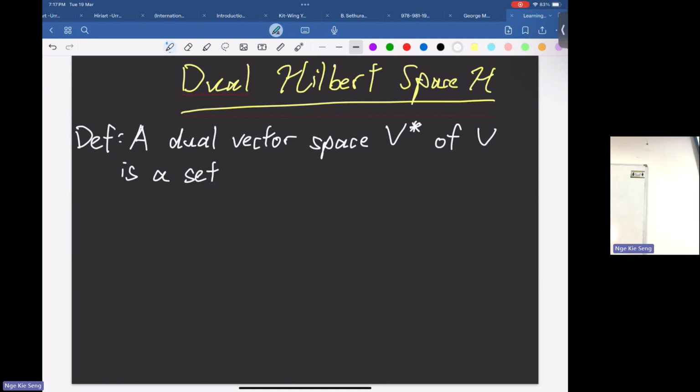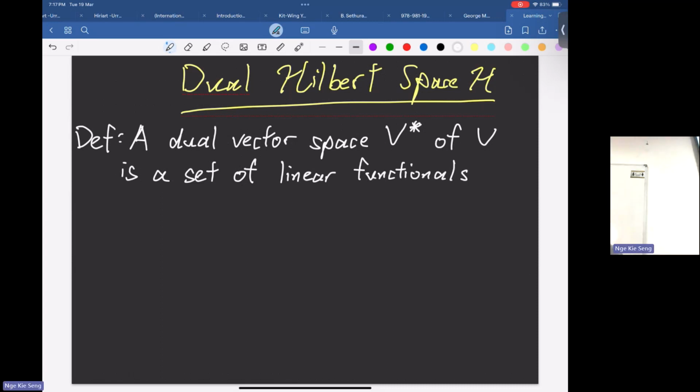What can you do? Bring it to a scalar. So what are those things that bring vectors to scalars? The linear transformation. This kind of linear transformation, we give it a specific name. What is it called? Linear functional. So this is a set of linear functionals.